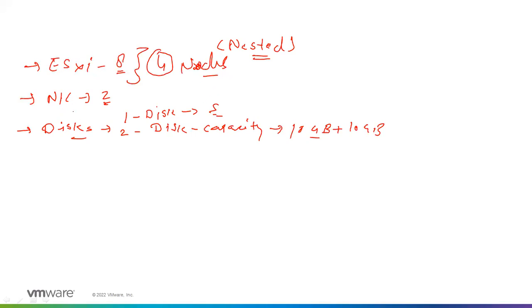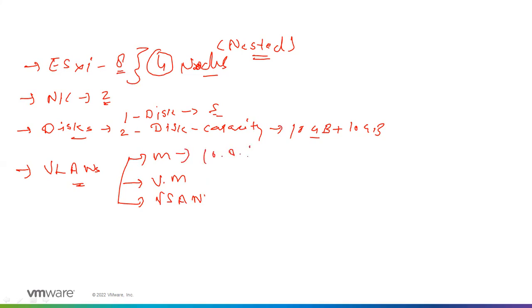Clear? Now let's talk about the VLANs and subnets. In VLANs and subnets, at least configure one for management, one for vMotion, and one for vSAN. Hope you are using the distributed switch, right? Okay, so for management take this one; if you take something else, that's fine.